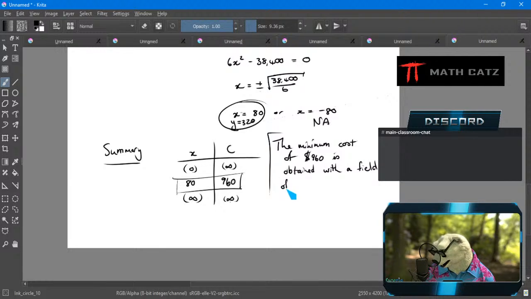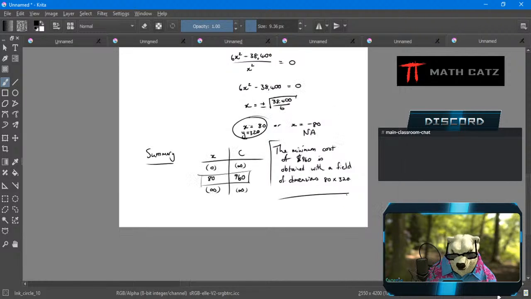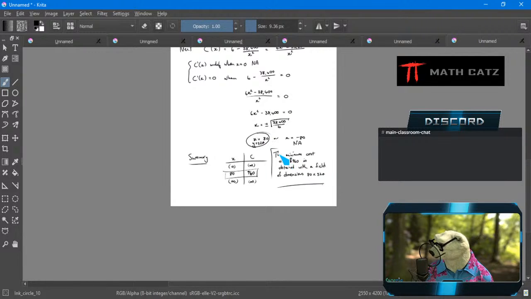A field of dimensions 80 by 320. Easy enough, I hope.